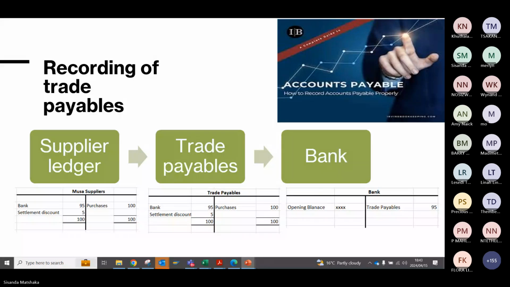That then gets consolidated into what is called the trade payables control account, which is basically a list of all your trade payables that you must pay. And then the last step is that you actually need to go and pay the supplier that has supplied you with goods in advance. That's how you then clear your trade payable.